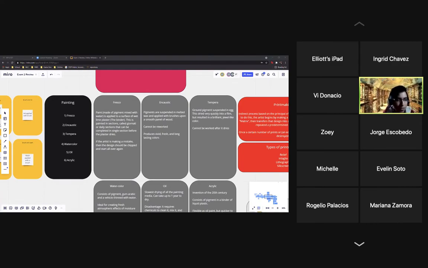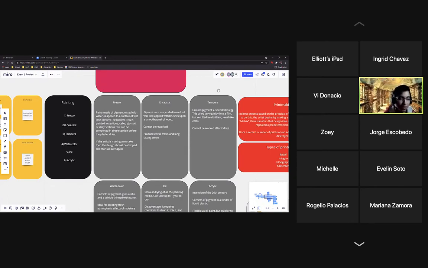Encaustic. Pigments are suspended in molten wax and applied with brushes upon a smooth panel of wood. Cannot be reworked and produces vivid, fresh, and long-lasting colors. So basically, this one is wax placed on wood, right?